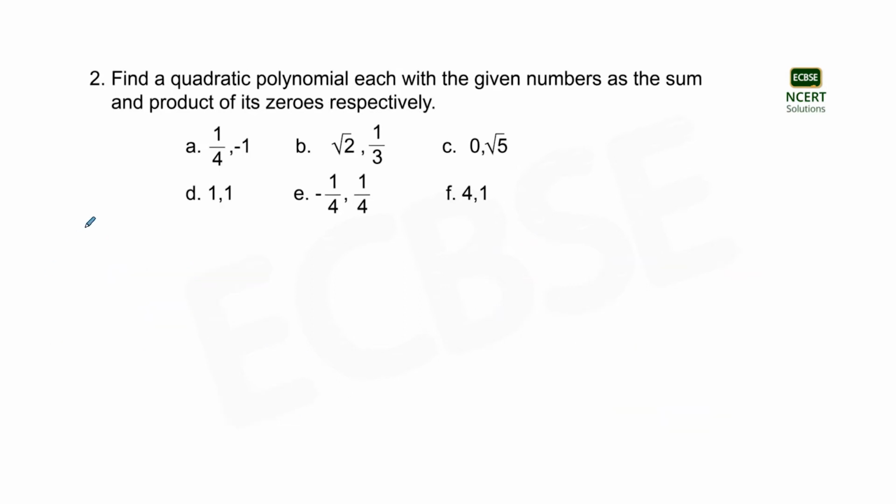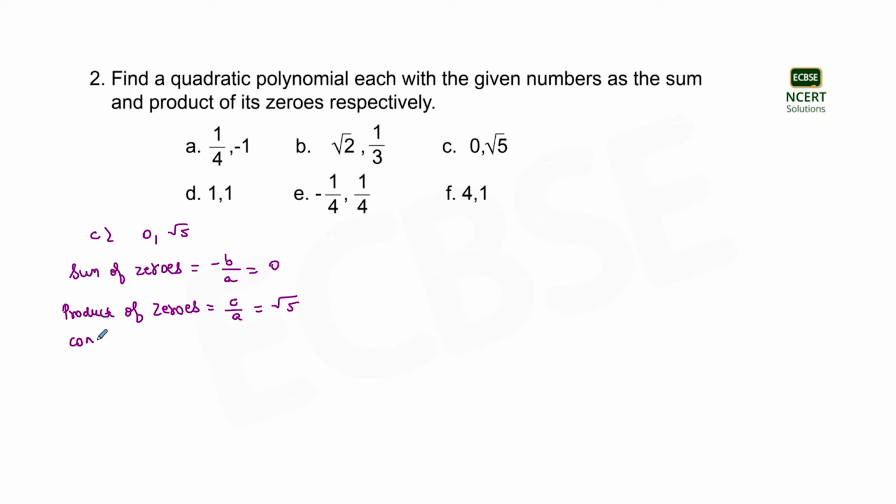Now coming to the C part of the question, here the numbers are 0 and root 5. So the sum of zeros, which is equal to -b/a, is equal to 0, and the product of zeros, which is equal to c/a, will be equal to root 5 according to the number given in the question.